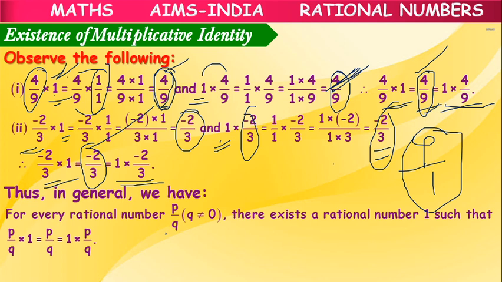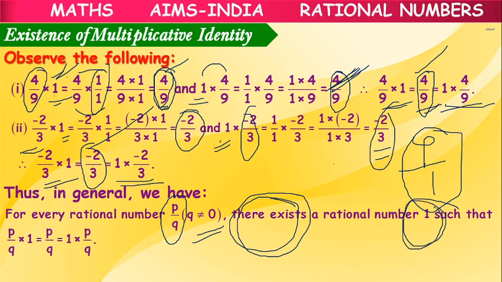So if we have a rational number P/Q where Q is not equal to 0, there exists one rational number 1 such that if you multiply the rational number with 1, or 1 is multiplied with the rational number, then the result will be the same. The given rational number does not change its identity.